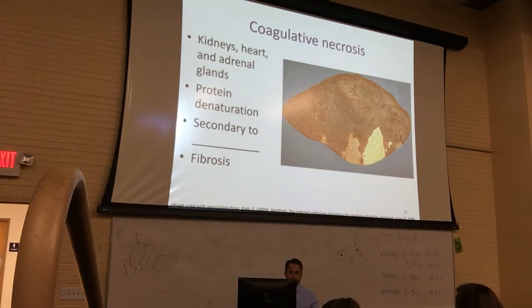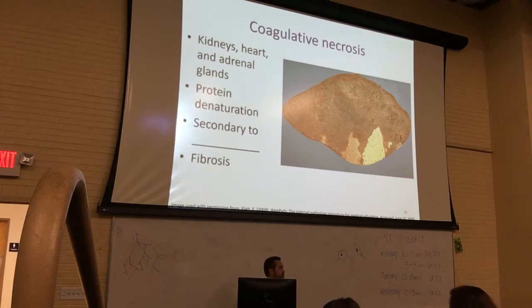You're getting a tremendous amount of protein denaturing taking place because you've lost blood flow. As the blood flow decreases to the tissue, you lose oxygenation, and that changes the shape of the protein, and it starts to denature as it essentially starts to spoil.